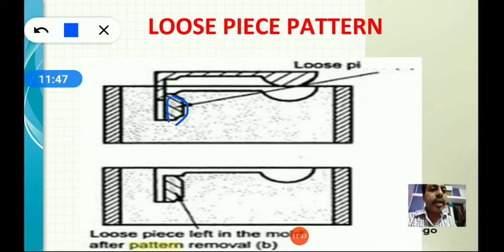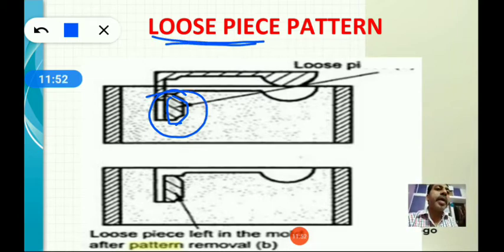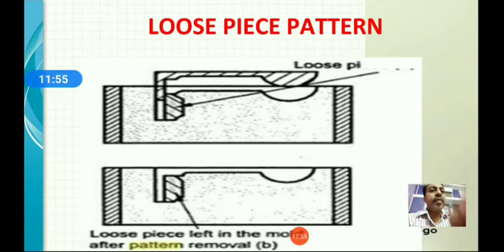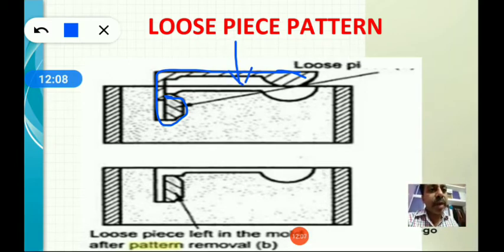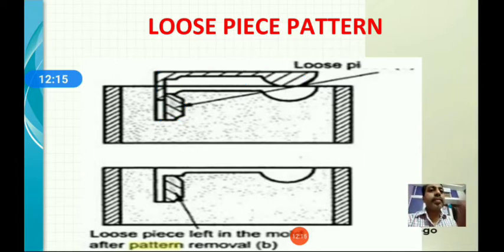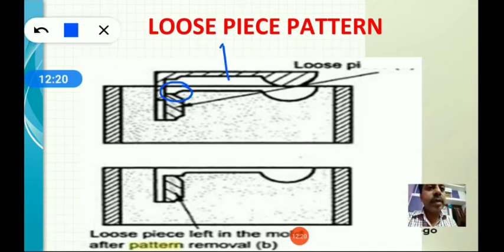To create this type of undercut, we have to use a loose piece pattern. Otherwise, suppose this is a whole single pattern and this is a part of it. When the pattern is withdrawn from the mold, due to this projected part, this portion will be destroyed.